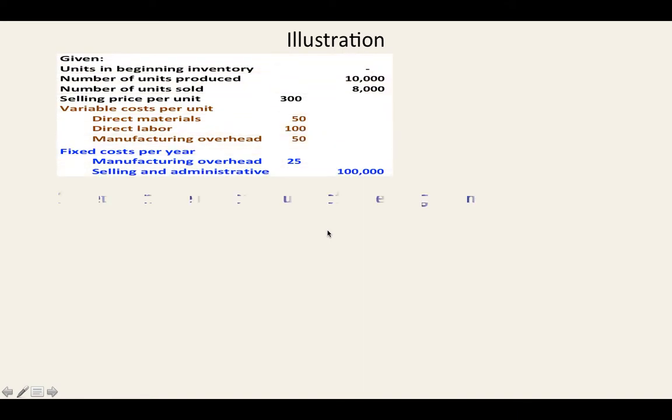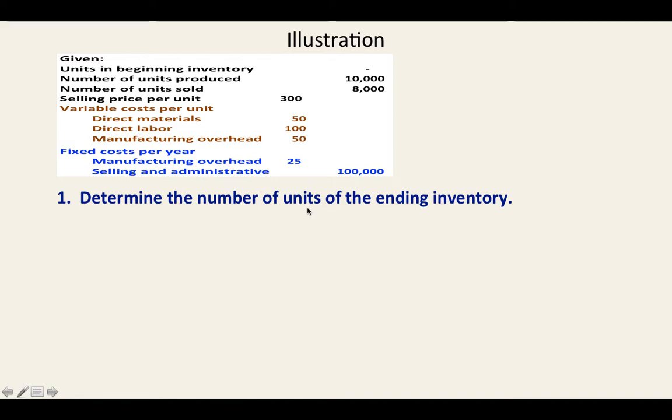This is what is given. The first thing is determine the number of units of the ending inventory. Okay, if we will determine the formula, okay, or the equation in determining the ending inventory, it will be presented like this. So inventory end equals, okay, inventory beginning plus units produced minus units sold.